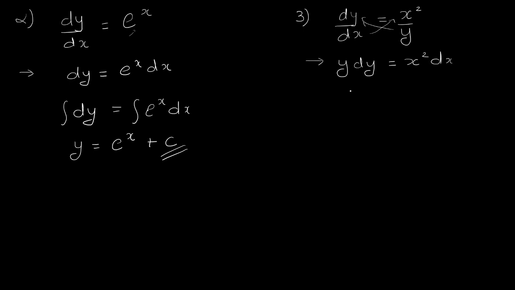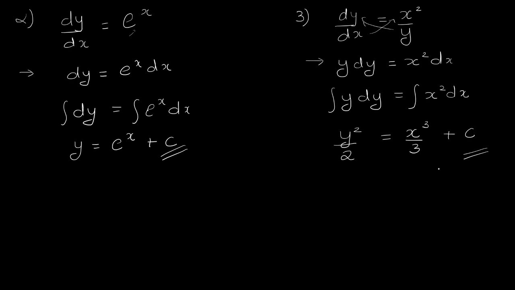Now the variables have been separated, so I will integrate. The integral of y dy is equal to the integral of x square dx. The integral of y dy we know is y square by 2, and we know the integral of this is x cube by 3, plus a constant c.